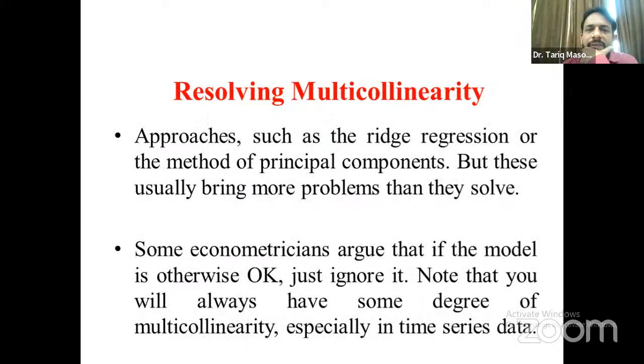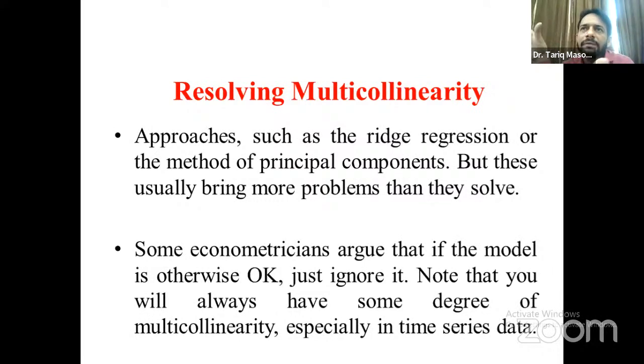Now coming to the solution of this problem, the solution of multicollinearity. There are some classical solutions that we can use, especially designed ridge regression, or you can use the method of principal component. I think you know about this method of principal component or factor analysis. What we do in principal component is, it is basically a data reduction technique.